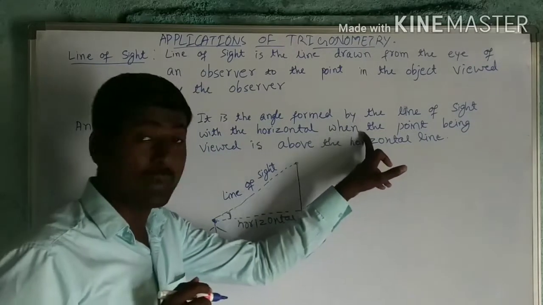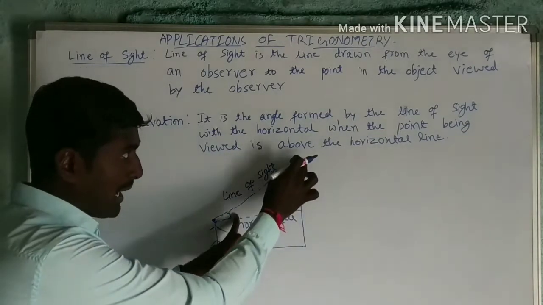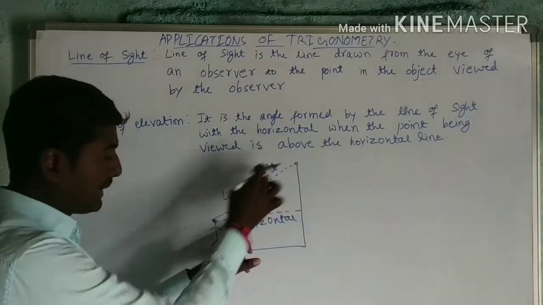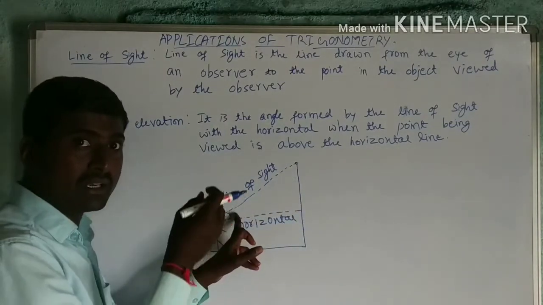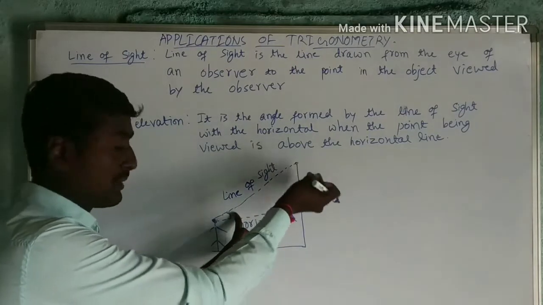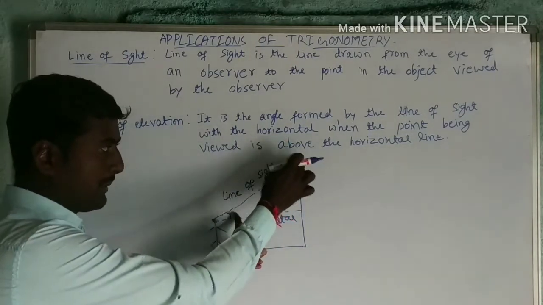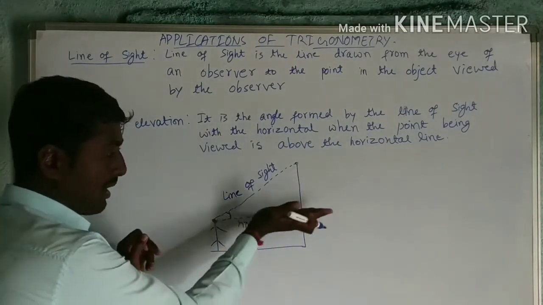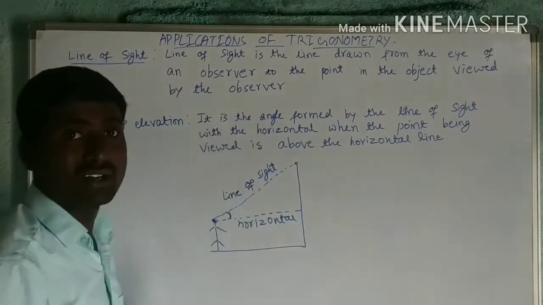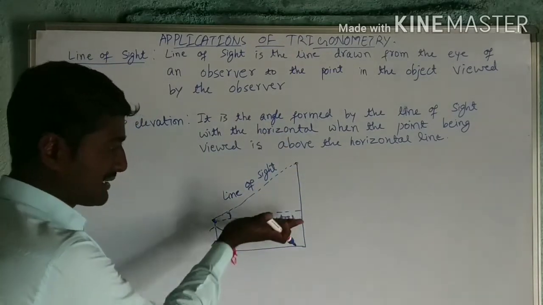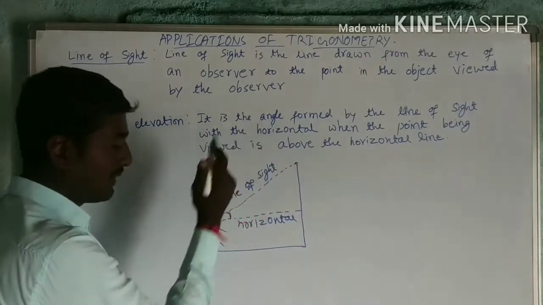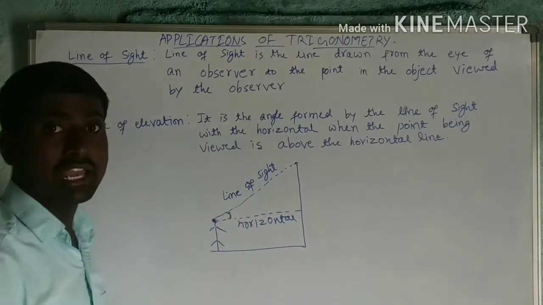But this is the condition: the point being viewed, that is, the point observed by the observer, must be above the horizontal level. Then this is called the angle of elevation.